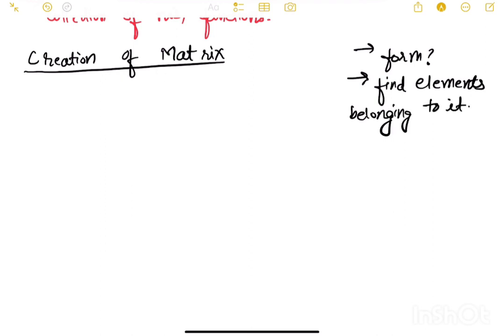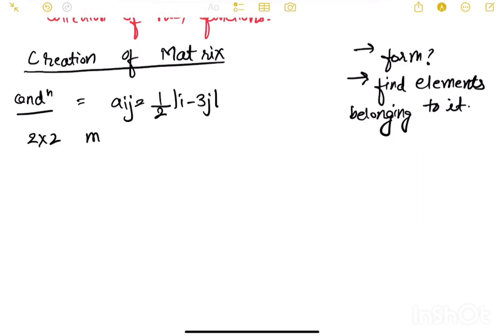For example, I will give you a condition which we will work with: Aij is equal to 1 by 2 |i minus 3j|. Now we are asked to make a 2 cross 2 matrix using this condition.